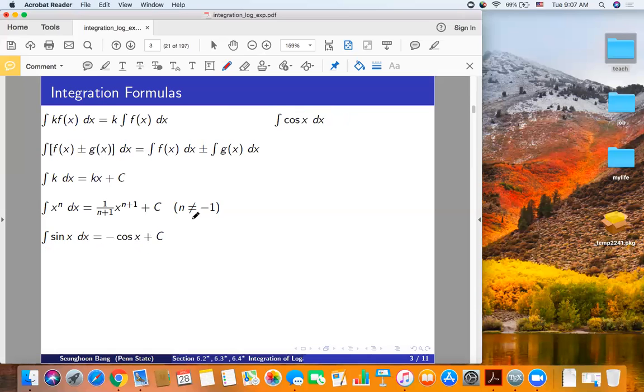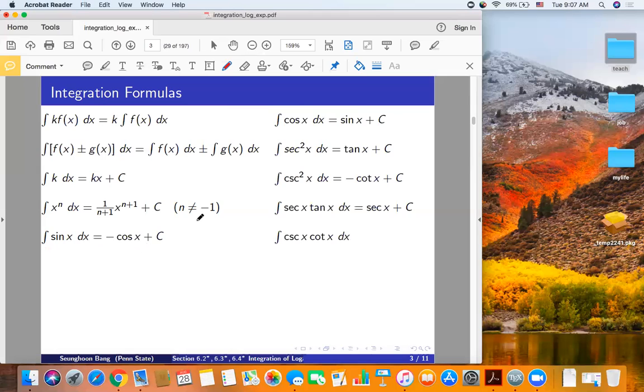The integral of cosine x dx is sine. The integral of secant squared x dx is tangent x plus c. The integral of cosecant squared x dx is negative cotangent x plus c. The integral of secant x tan x dx is secant x plus c. The integral of cosecant times cotangent dx is negative cosecant x plus c.